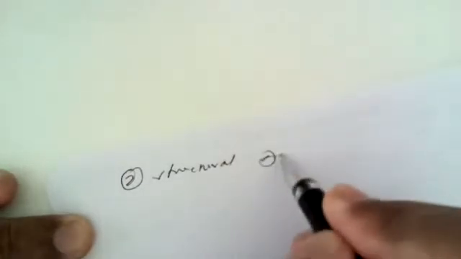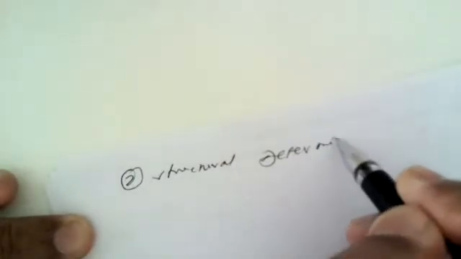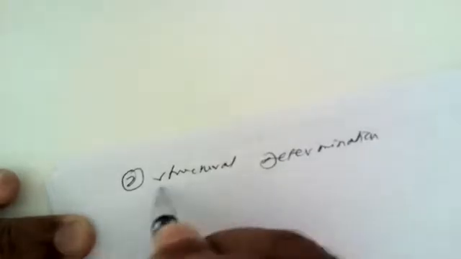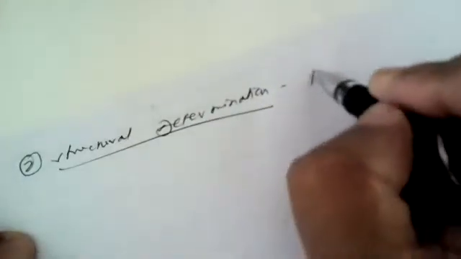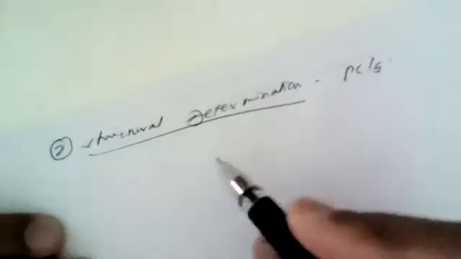Just see here. This is the second application, known as structural determination. Sometimes the question may be asked how radioisotopes are used in structure determination. Here we have taken the example of PCl5.